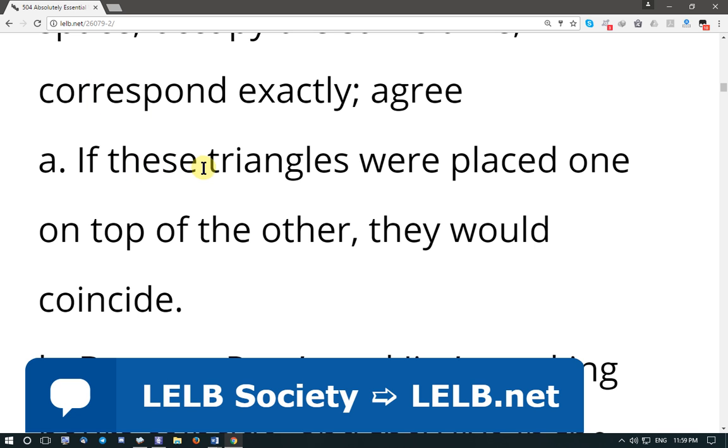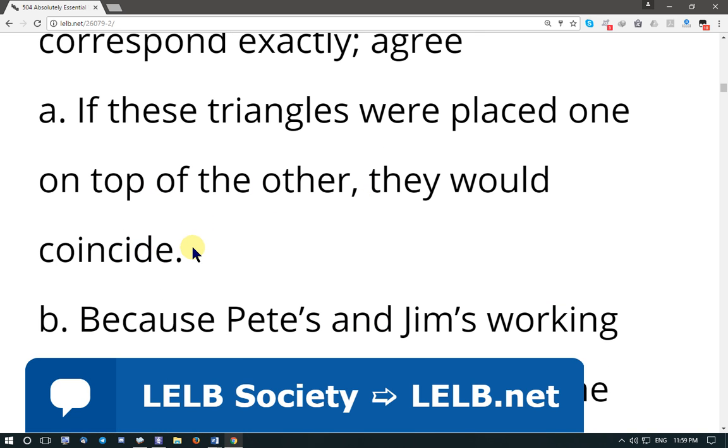If these triangles were placed one on top of the other, they would coincide. A triangle is a geometrical shape that has 3 sides. You know, something like this.